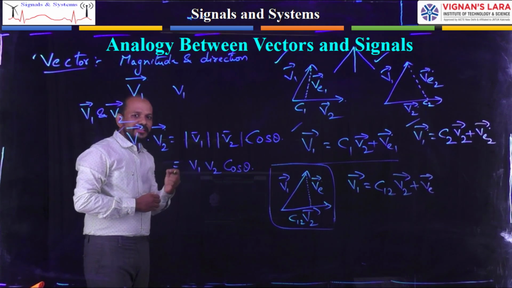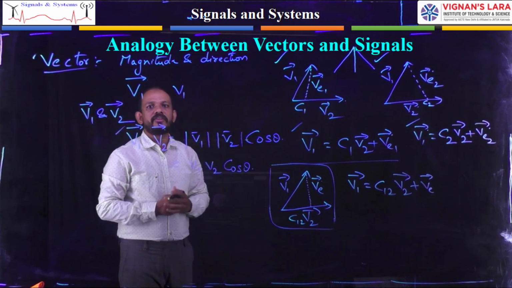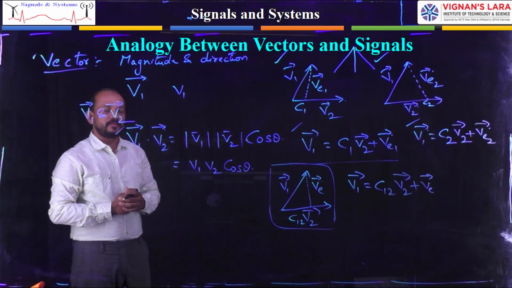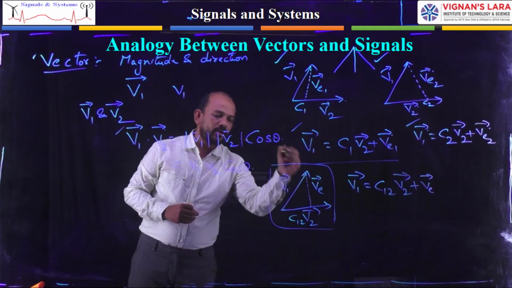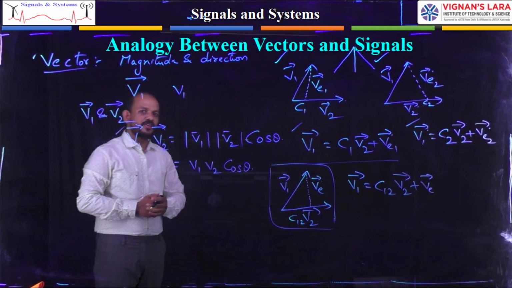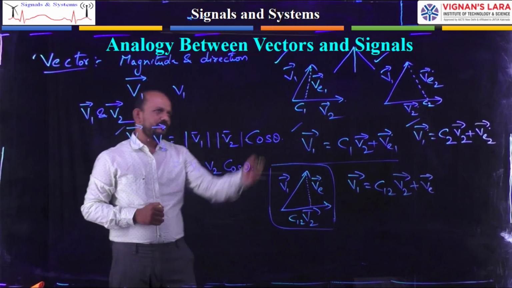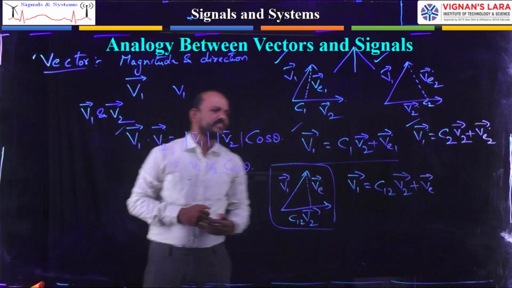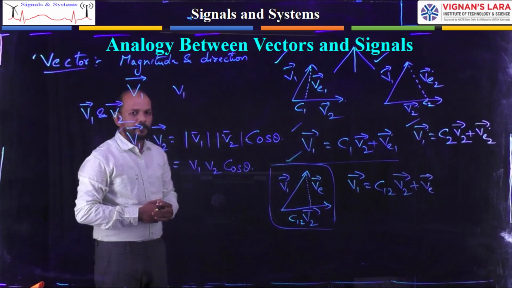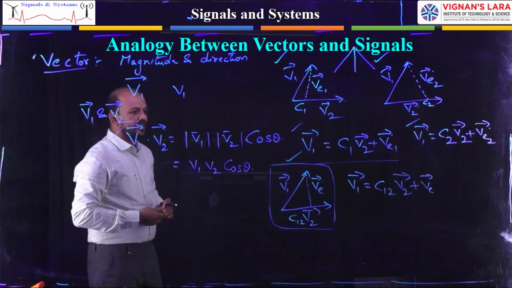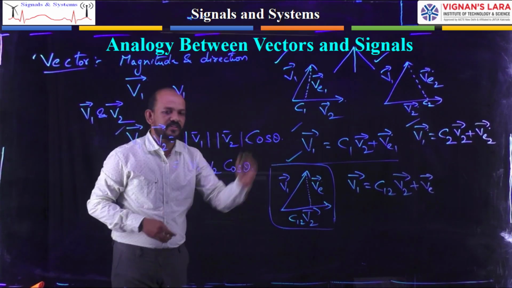We have a little bit of error. For that reason, we make that error as small as possible. Drawing a perpendicular line from one end of the first vector onto the second vector gives the minimum error. So we will use this representation for representing one vector in terms of another vector. This is my first one.